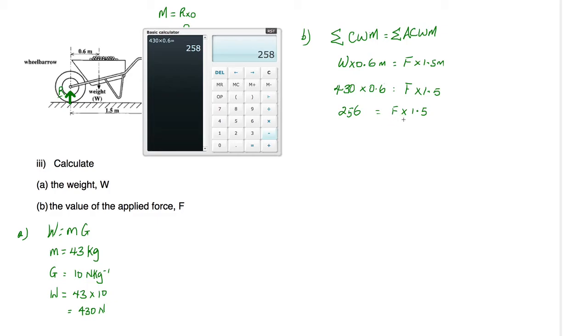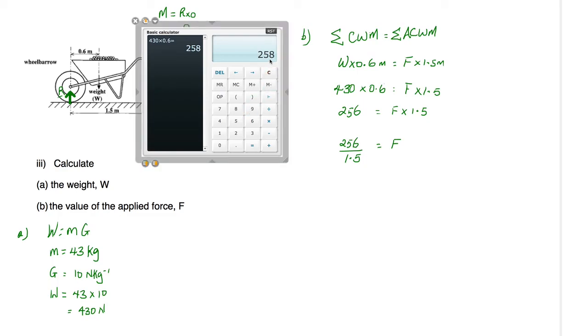If we divide the right hand side by 1.5, F will be standing on its own. And then if we do that, we also need to divide the 258 by 1.5. So that's what we will do. We say 258 divided by 1.5 is equal to F. Okay, so that's 258, sorry.